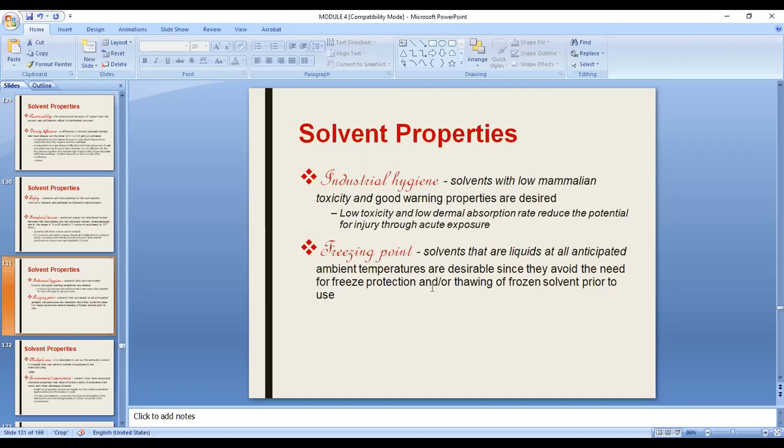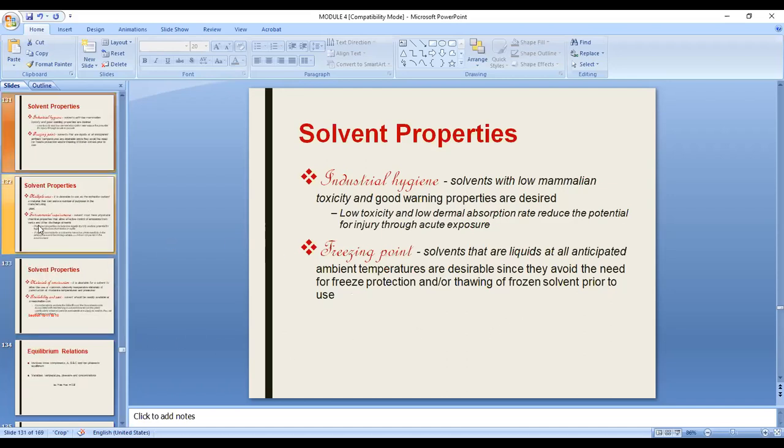As for the freezing point, this has something to do with those industries that are not in our region, those that has the winter season. So solvents that are liquids at all anticipated ambient temperatures are desirable since they avoid the need to freeze protection and or thawing of frozen solvents prior to use.